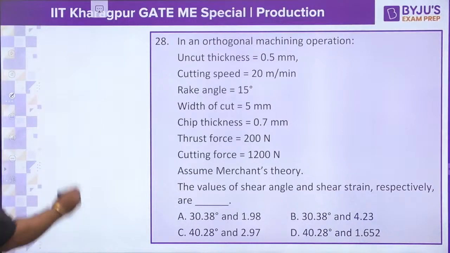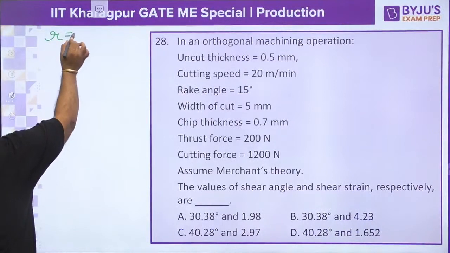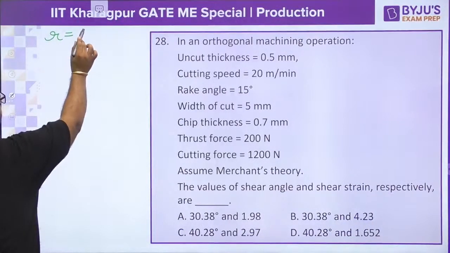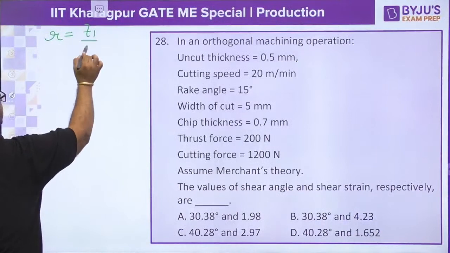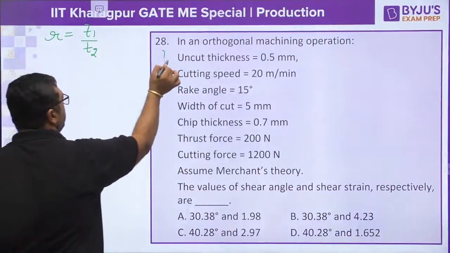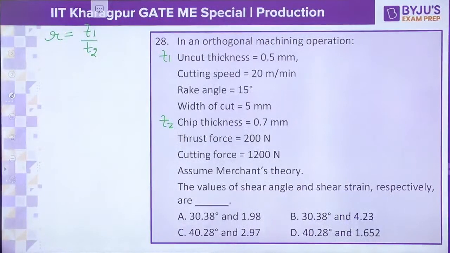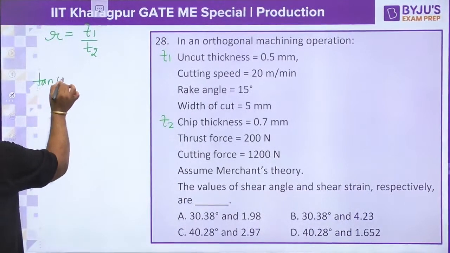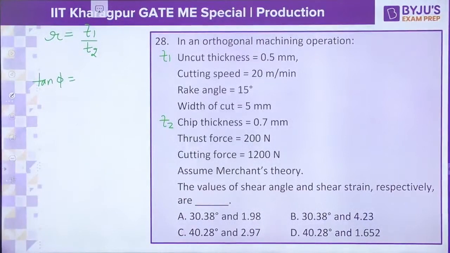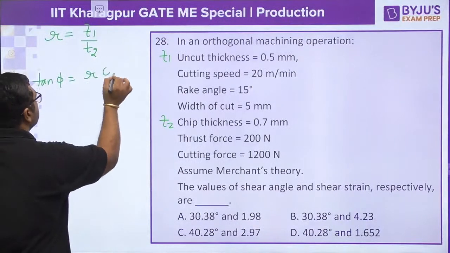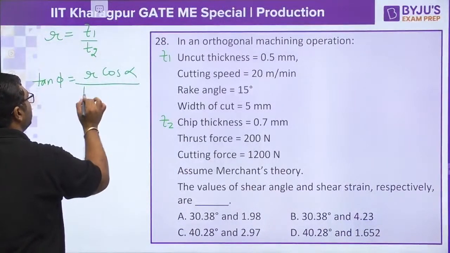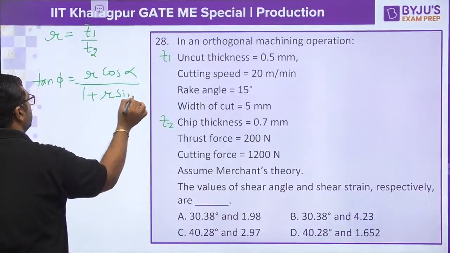You know chip thickness ratio is T1 by T2. This is T1, this is T2. Once you get the value of R, you can find out tangent phi. What is tangent phi? It is R cos alpha by 1 plus R sin alpha.